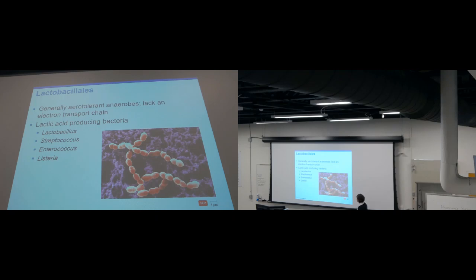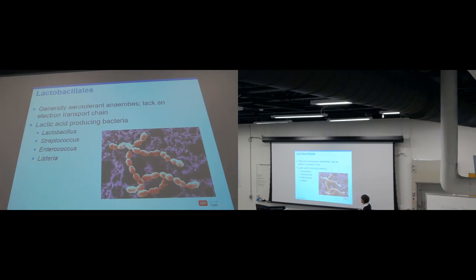And then for Lactobacillus, they are air-tolerant anaerobes. So they are mainly anaerobes, but they can live in small or minute amounts of oxygen. That's why they are air-tolerant. And they don't have an electron transport chain.